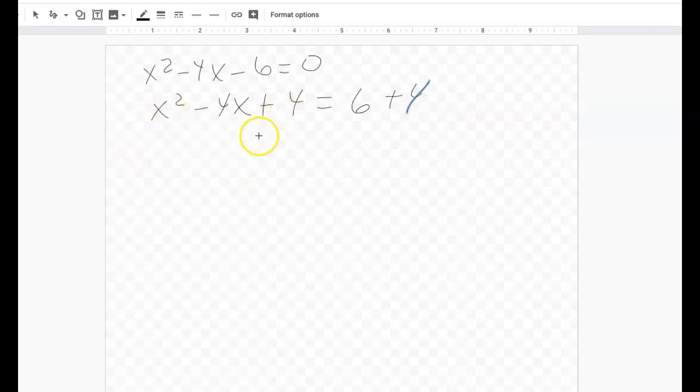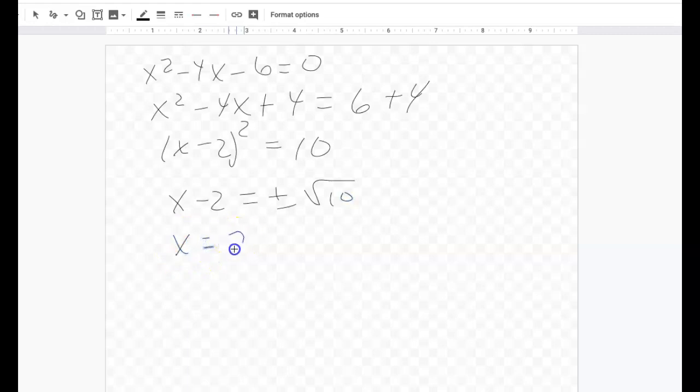This now allows me to factor as a perfect square trinomial, x minus 2 squared equals 10. I'm going to square root both sides to get rid of the square. So I'll have x minus 2 equals, don't forget, plus or minus square root 10. Then add 2 to both sides.